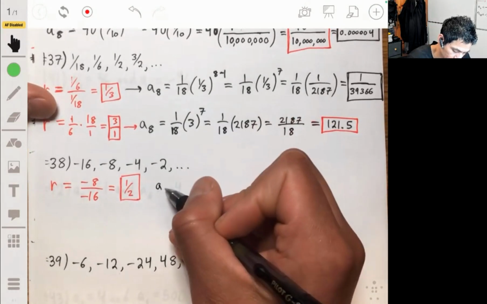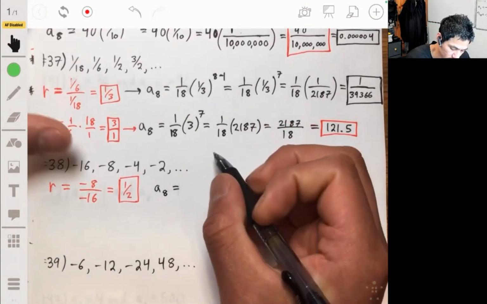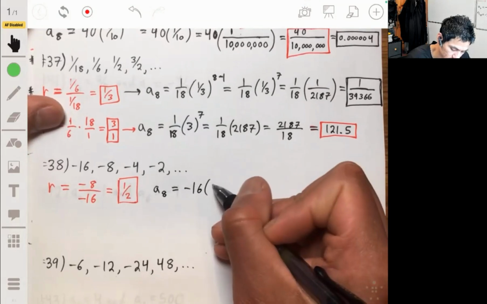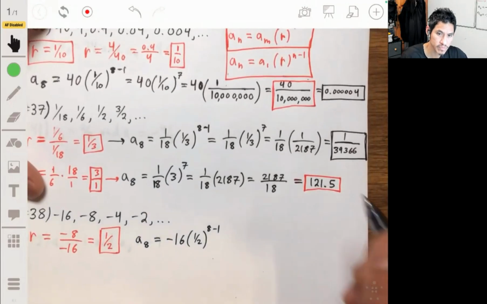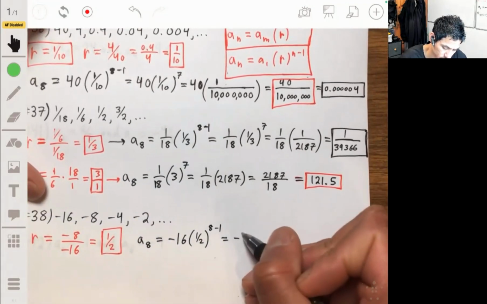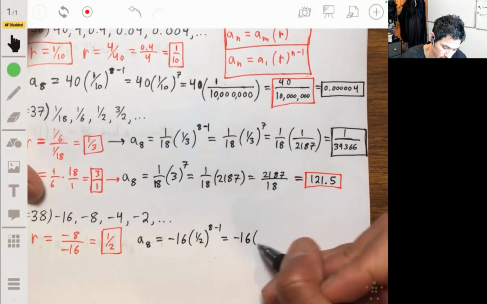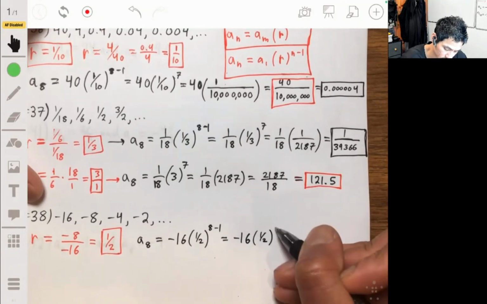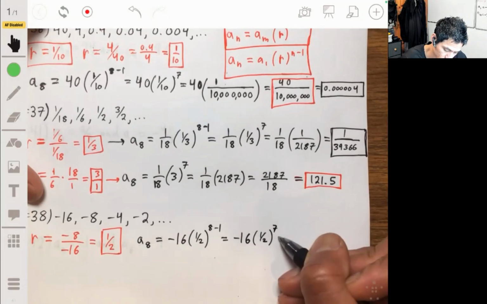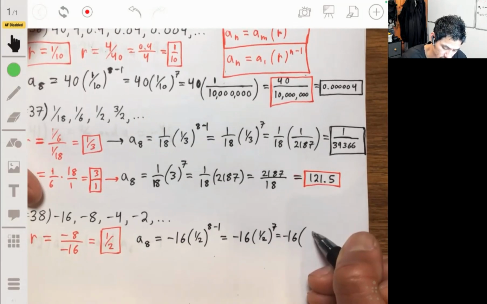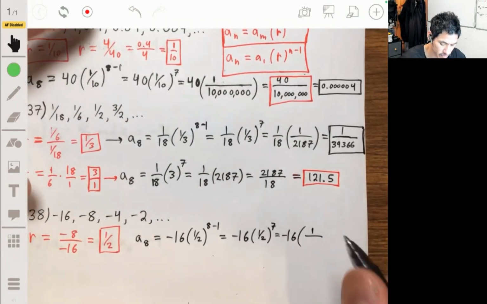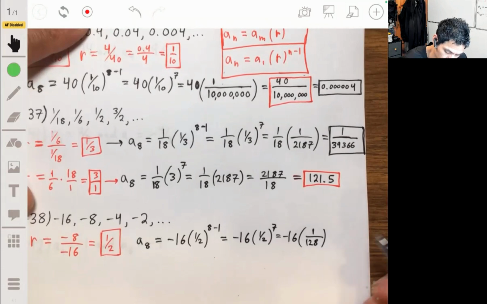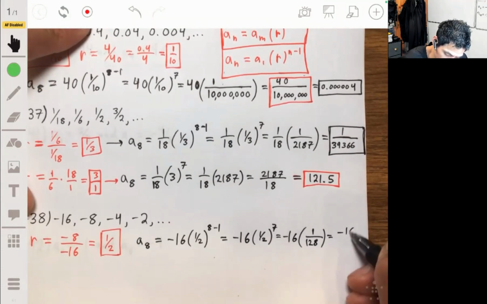And then A8 will be A1, or -16 times 1/2 to the 8 minus 1, so -16 times 1/2 to the 7th. -16 times 1 to the 7th over 2 to the 7th, which is 2, 4, 8, 16, 32, 64, 128. So -16 over 128.